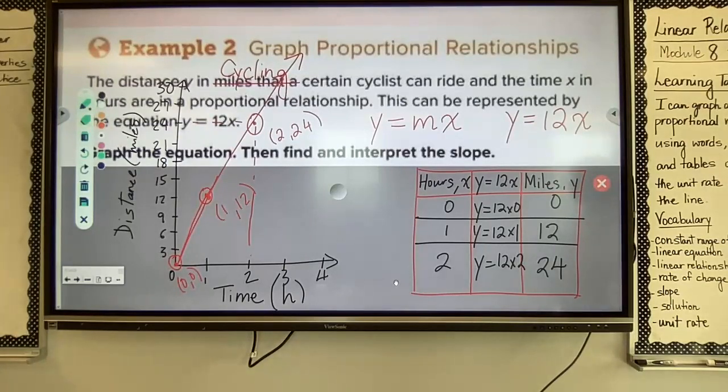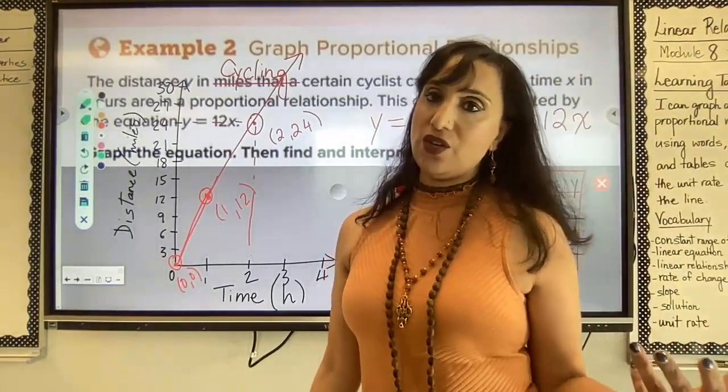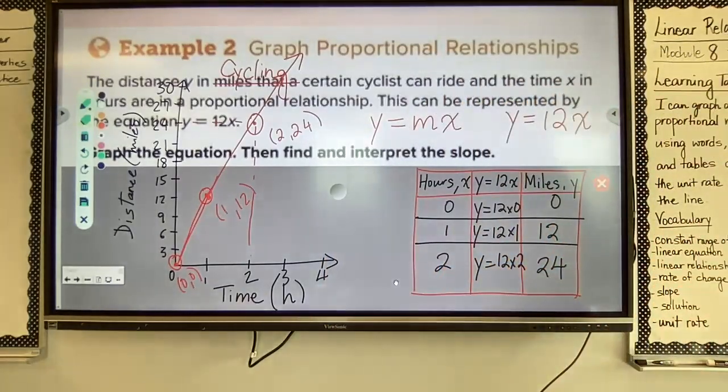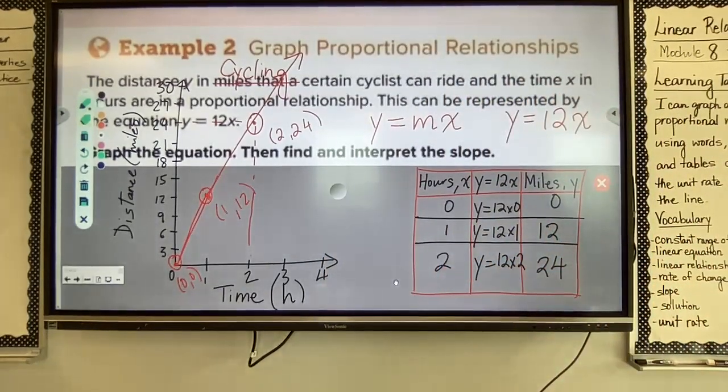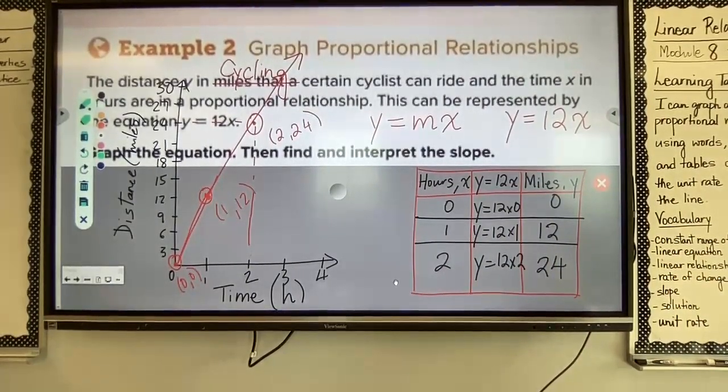This means that the cyclist can ride 12 miles per hour. So remember, slope is also the unit rate: 12 miles per hour. So that's how we calculate this one. And how is the unit rate represented in the table, and how is it represented in the graph?